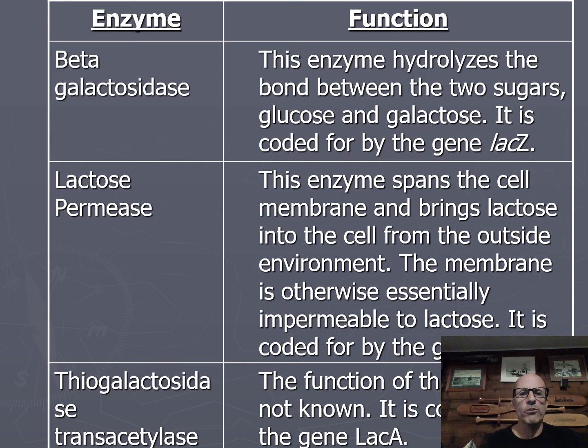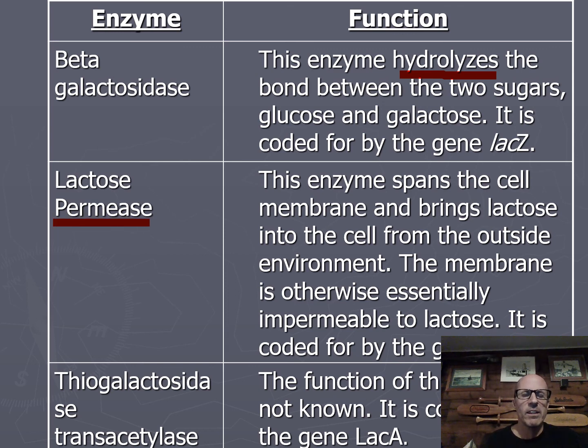Finally, this is just a small look at the 3 enzymes that we've been talking about. Beta-galactosidase, number 1. This is the enzyme that actually breaks down the glycosidic bond between the 2 monosaccharides in lactose.